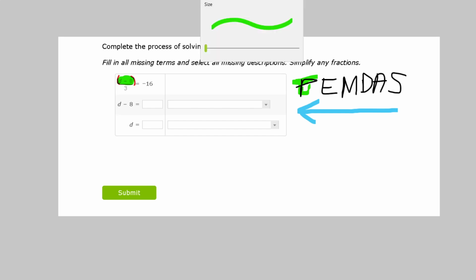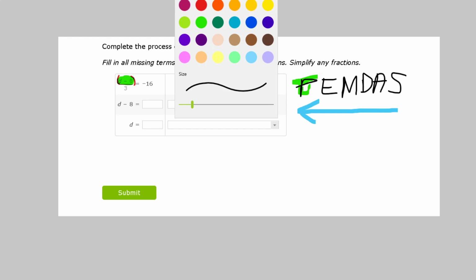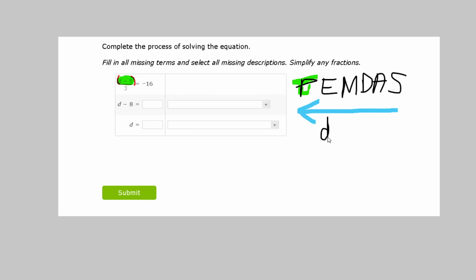So what we can do is the same thing as we did before for the other questions. d minus 8, we said that's in parentheses, over 3 is equal to negative 16. Well, since we're dividing by 3, we're going to take the opposite of division, right, which is multiplication.